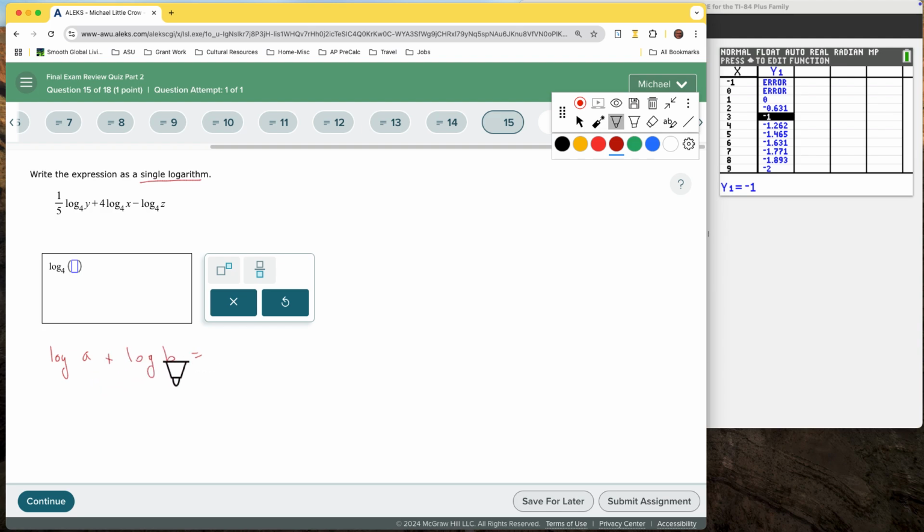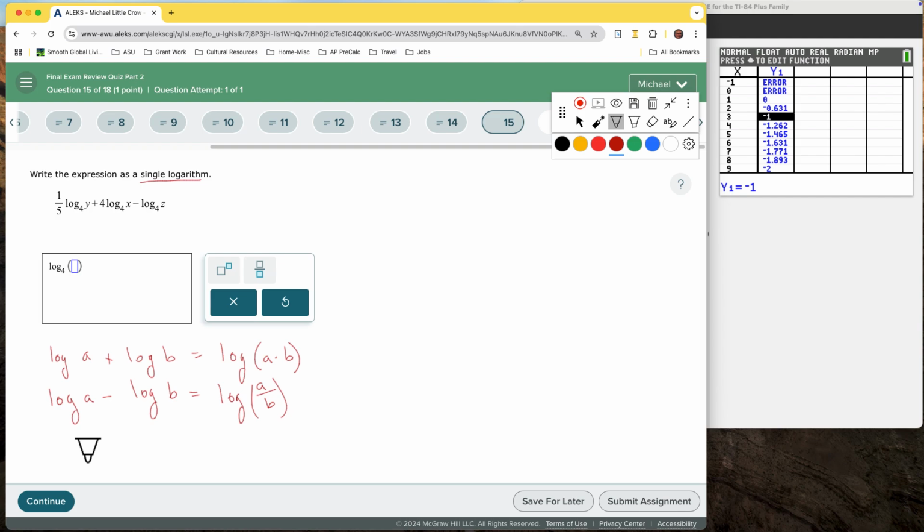When we're adding 2 logarithms, they condense down into a single logarithm of the 2 items being multiplied. If we are subtracting 2 logarithms, log a minus log b, that becomes a single logarithm of a divided by b.